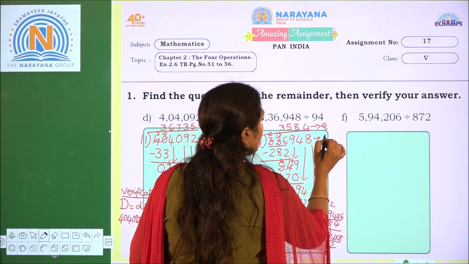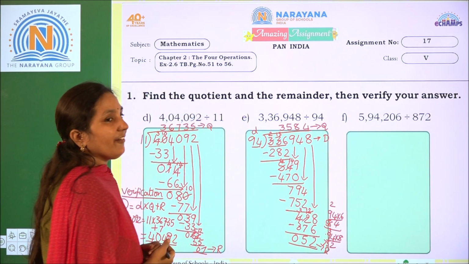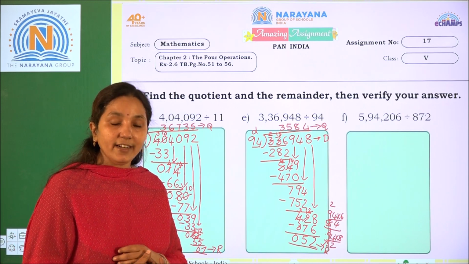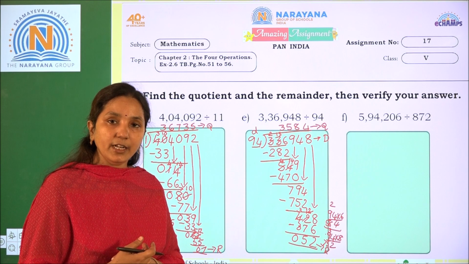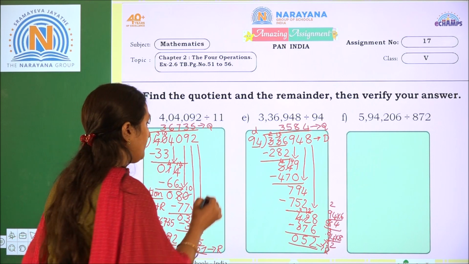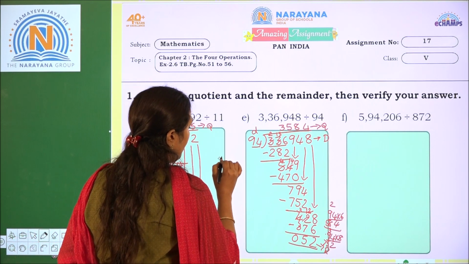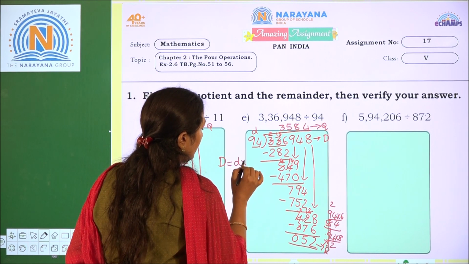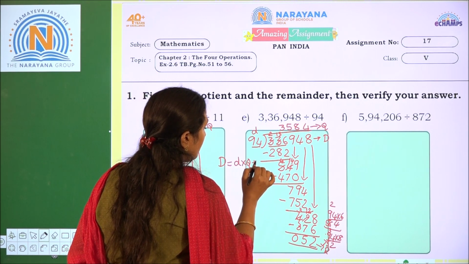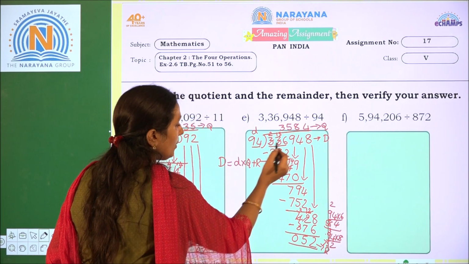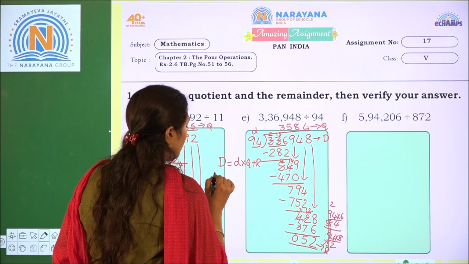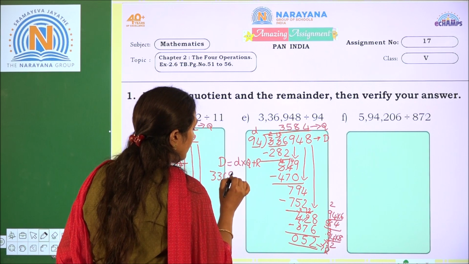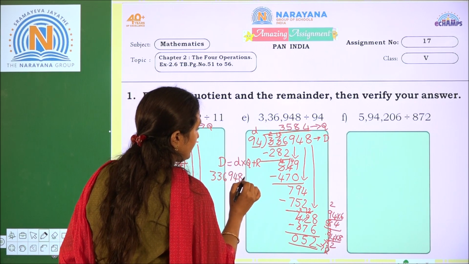This is the dividend. Now how to verify your answer with a division sum? That is nothing but dividend is equal to divisor into quotient plus remainder. So here I am doing dividend equal to divisor into quotient plus remainder. What is the given dividend? Dividend is 3,36,948.